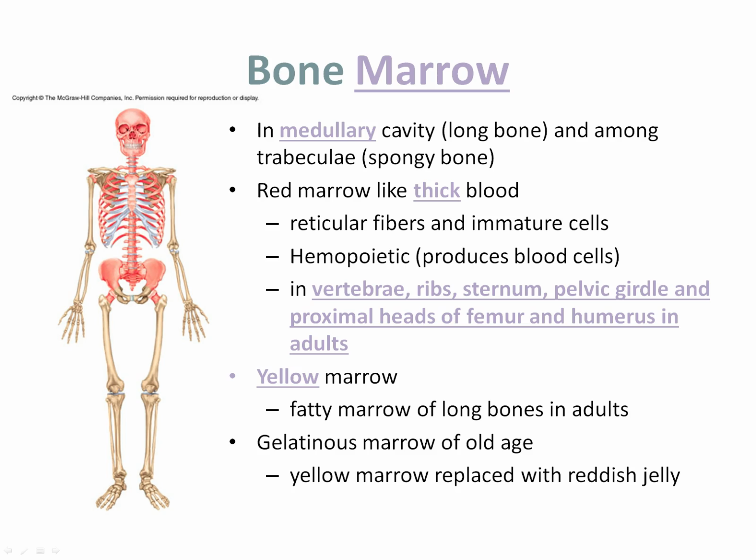This yellow marrow is fatty marrow, and it's found in the long bones of adults. Finally, as we get older, that marrow continues to adapt and change, and it becomes a gelatinous marrow of old age. So the yellow marrow is replaced with a reddish jelly.